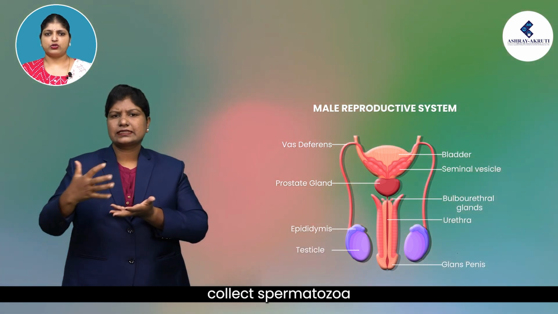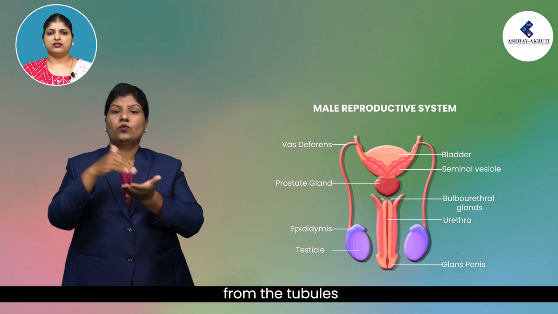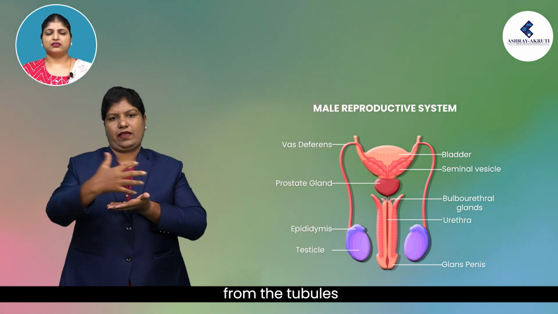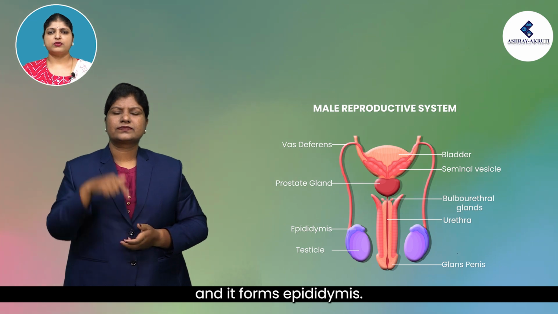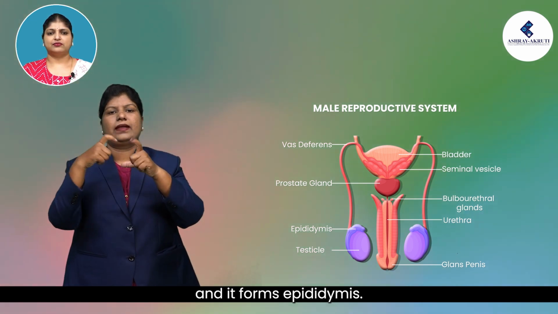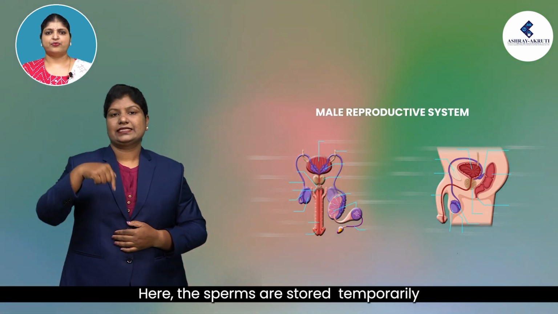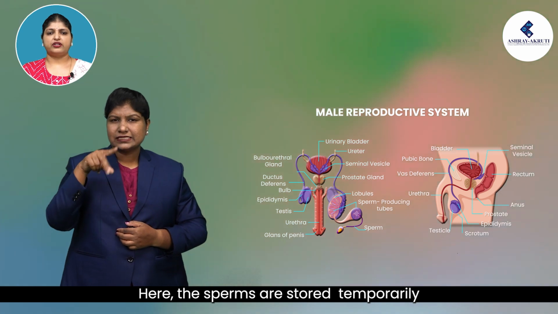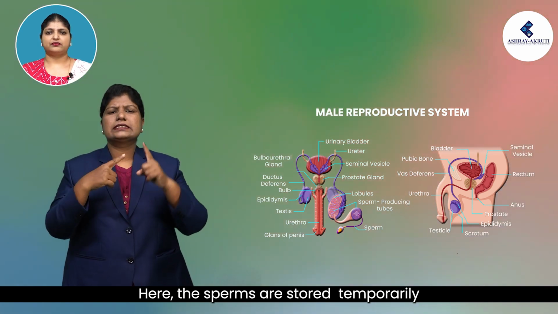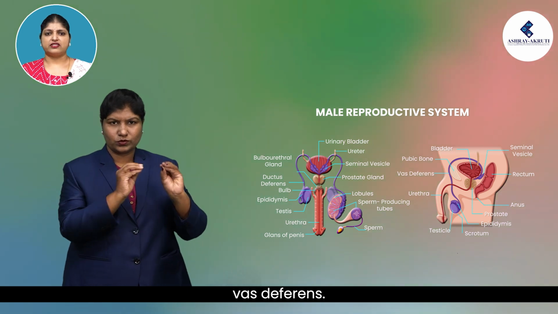Vas efferentia collect spermatozoa from the tubules and it forms epididymis. Here, the sperms are stored temporarily and moved into vas deferens.